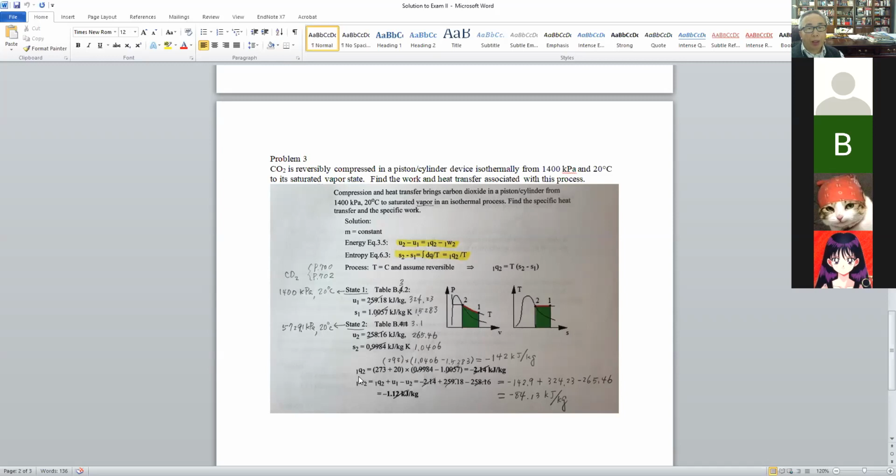Then the Q term can be found, so we have 2 equations, 2 unknowns. We solve Q first because it depends on only entropy. Then after Q is found, we use the first law to answer W. Very straightforward to me. If you follow my suggestion of problem solving skill, you should have no problem.